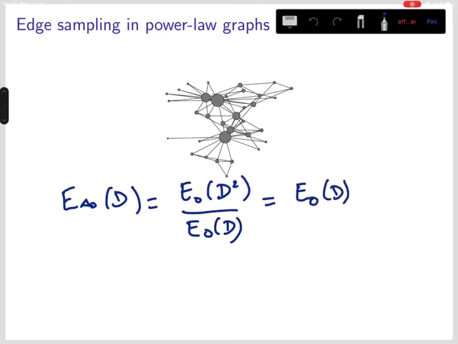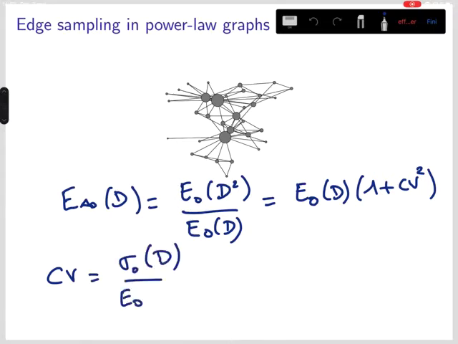This is the expected degree through node sampling times 1 plus the coefficient of variation, squared. And the coefficient of variation is the ratio of the standard deviation to the mean. This is true for any distribution, but now the explicit expression for a power law is 1 over alpha times alpha minus 2 for alpha larger than 2, and actually this is infinite if alpha is less than 2.